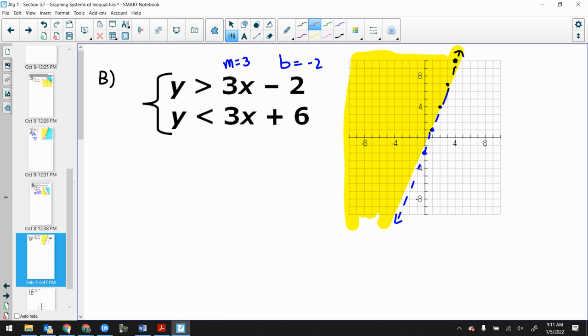And then my second slope is 3, y-intercept is 6. Same slope, but different y-intercept. Still a positive 3 slope. Still a dotted line. But guess what? Now I shade below that line. So watch what's going to happen.